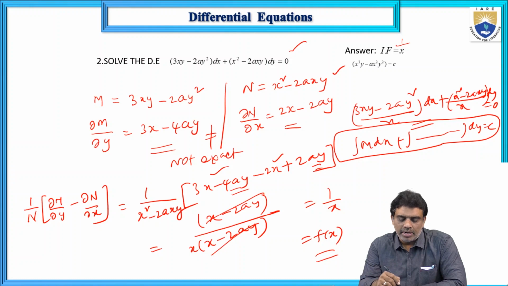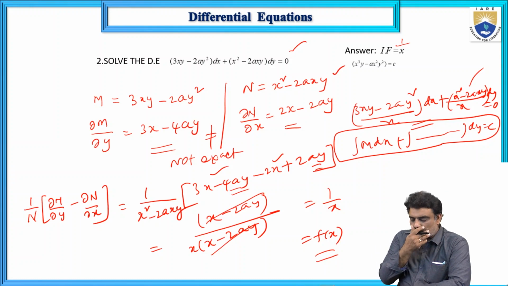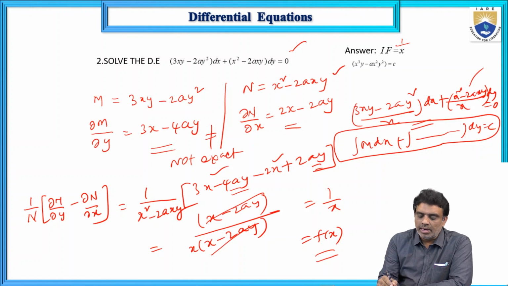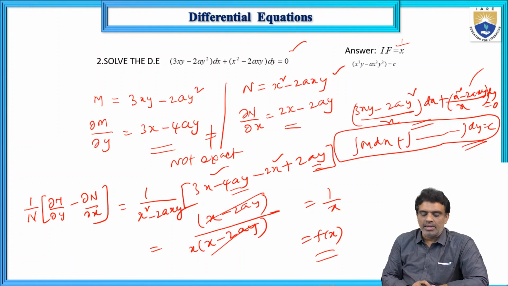So you write ∫M dx plus only the terms of N not containing x with respect to dy equals c. This is the regular procedure we follow in all the types of integrating factor. Here also we do the same thing and we find the solution finally.